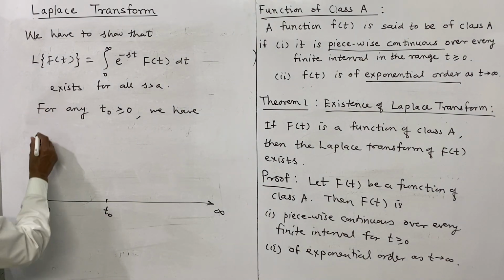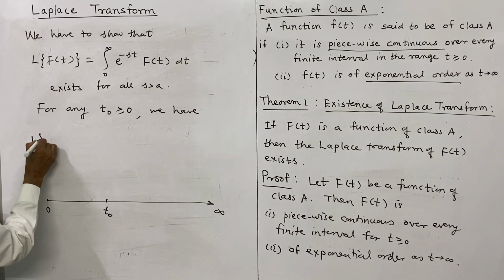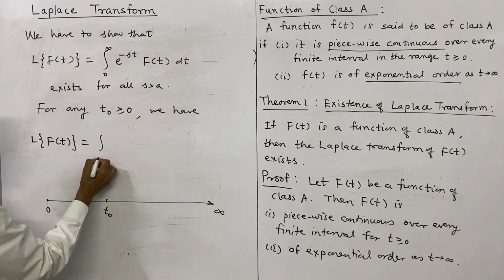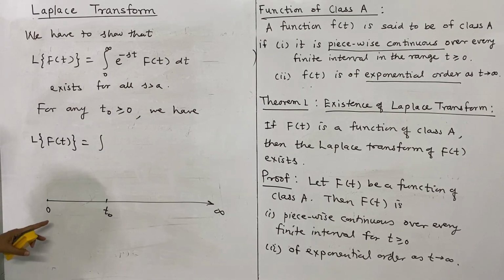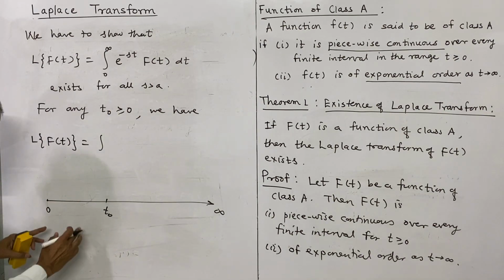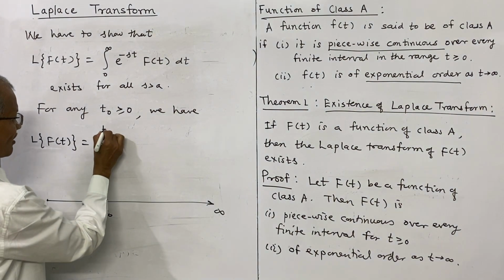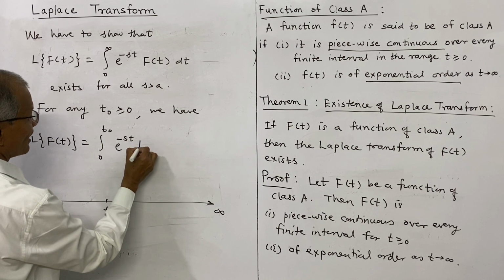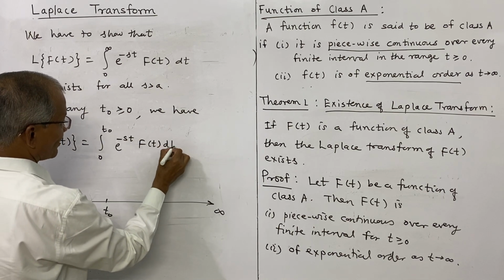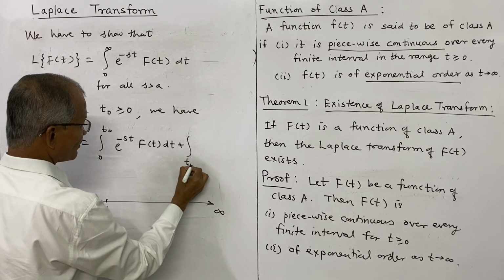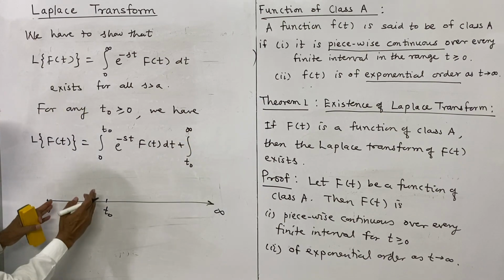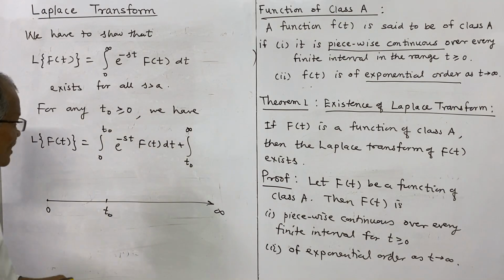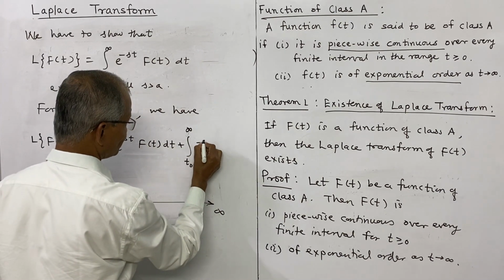So then we have this integral L of f of t, the Laplace transform, which is the integral 0 to infinity. We split it in two parts by property of definite integral: 0 to t naught of e power minus st f of t dt, plus t naught to infinity. The integral is split in two parts, and the second is this one.